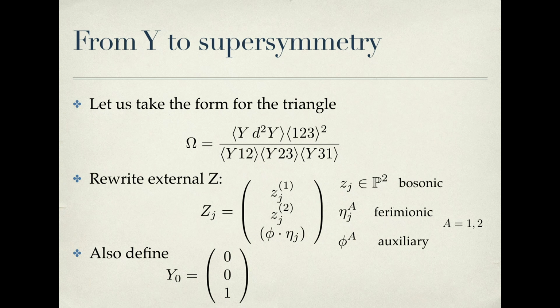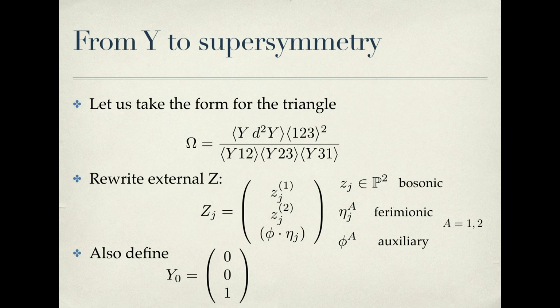How can we possibly get an amplitude from that? We would like some amplitude, which is a supersymmetric function. And the Y actually hides supersymmetry in a certain sense, because we can rewrite the Z's as 2 bosonic components and 1 more component, which is a dot product of 2 fermions. One of them is the fermionic component in the expansion of the superfield, the fermionic variable.